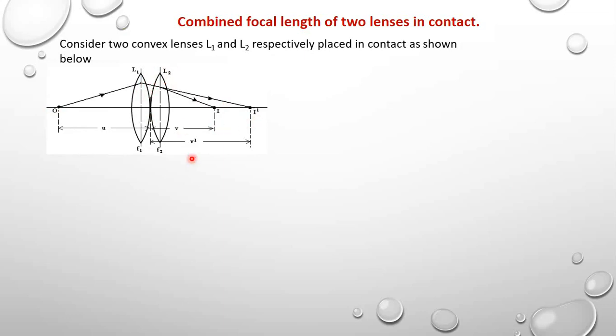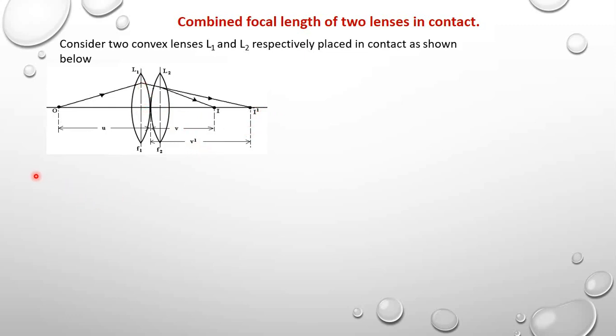But with the presence of the second lens, there's going to be a further refraction, and the final image is going to be formed at I. So if you are considering the first lens, L1, in the absence of the second lens, then its image distance is going to be V prime. The distance between I prime and L1 is going to be V prime.